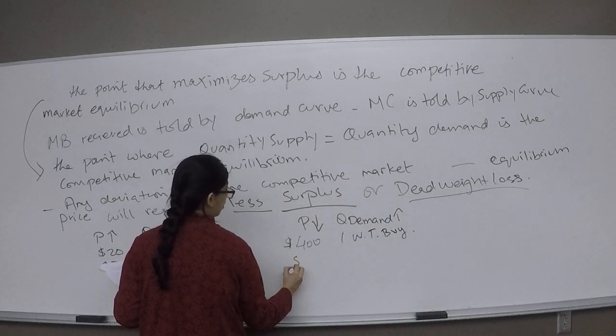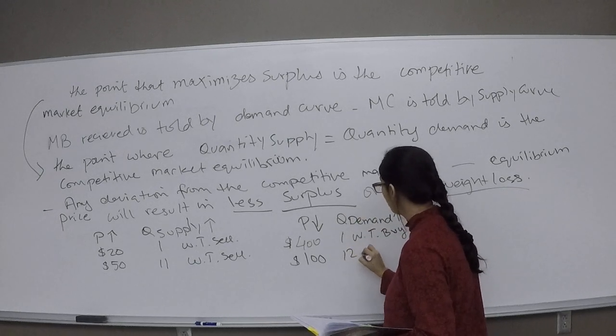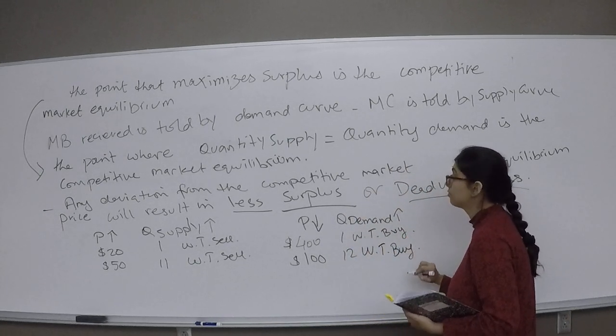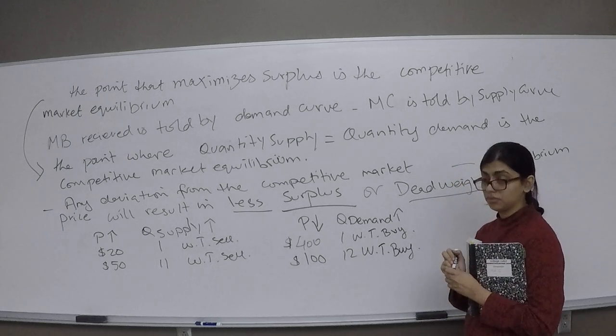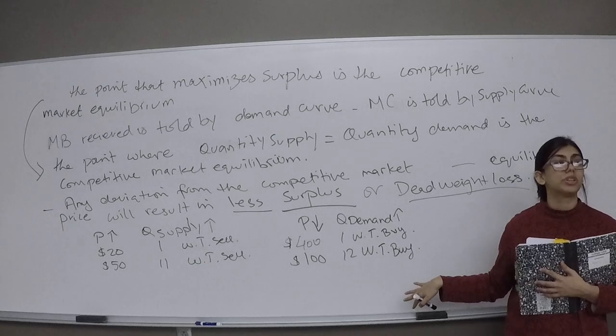Now the product is $100 and 12 people are willing to buy. These types of things create competition.